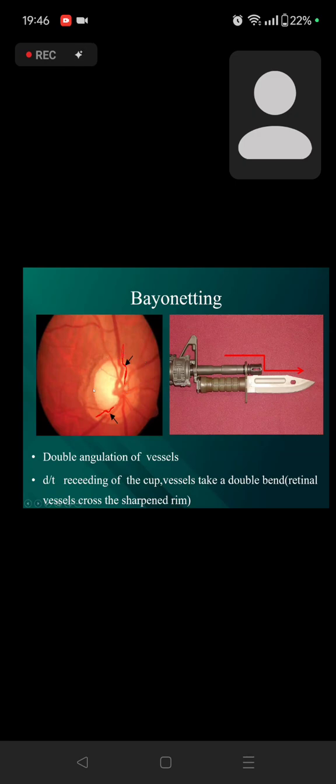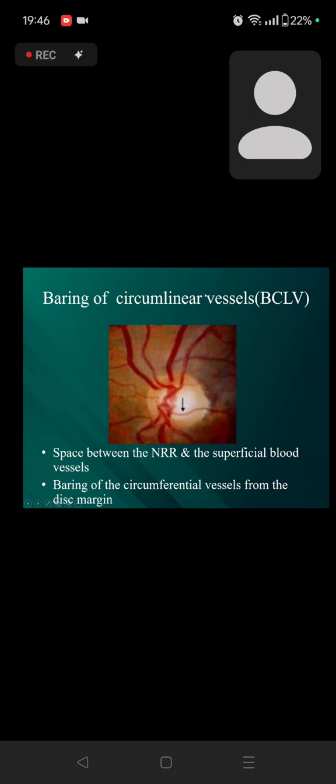When there is a neuroretinal rim thinning, there will be sharpening of the edge of the optic disc. So there you can see the vessels while coming out, it takes an angle at the neuroretinal rim, and at the exit it takes another bend. So there is a double angulation due to the sharpened rim. And what is bearing of circumlinear vessels?